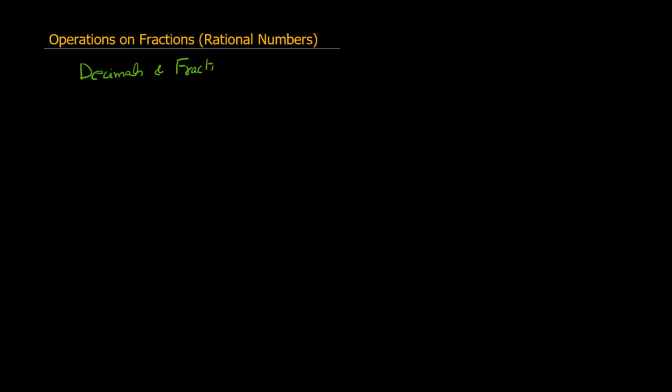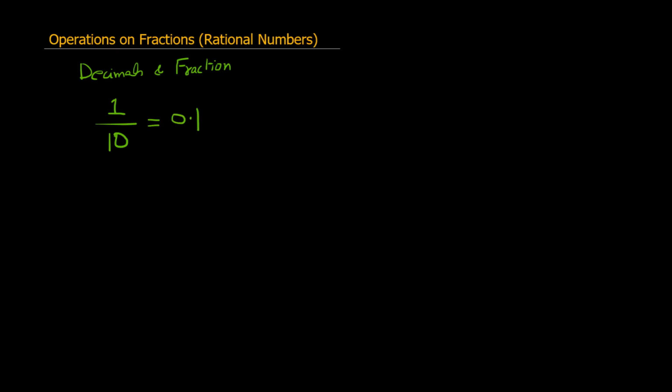What is the relationship between decimals and fractions? So let us say you have a very simple fraction, 1 divided by 10. So what is the decimal equivalent of this? I started from a very simple example because you are familiar with that. This is 1/10, and 1/10 is equal to 0.1.